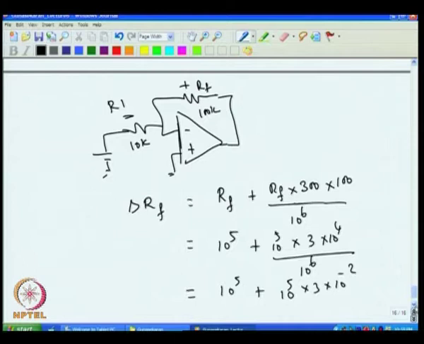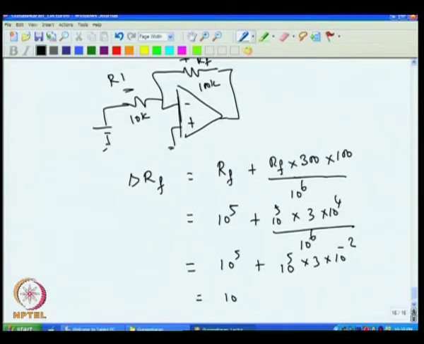That turns out to be 10 power 5 plus 3 into 10 power 3, that is 1000. That actually becomes 100 K plus 3 K. That means the resistance value of this had gone up by 3 K. The 100 K becomes 103 K at plus 80. So, assuming that at minus 20 degree it was 100 K, then at plus 80 degree this had become 103 K.